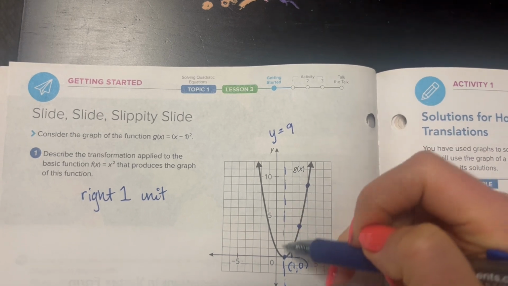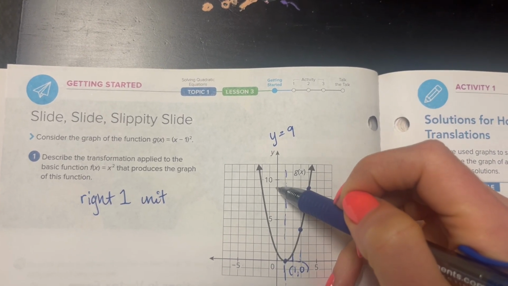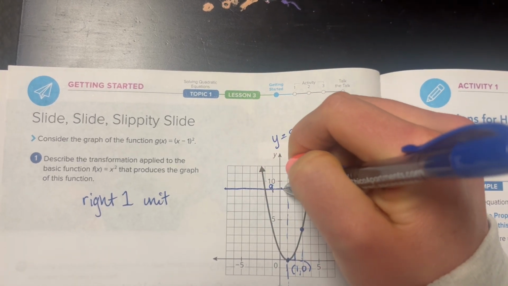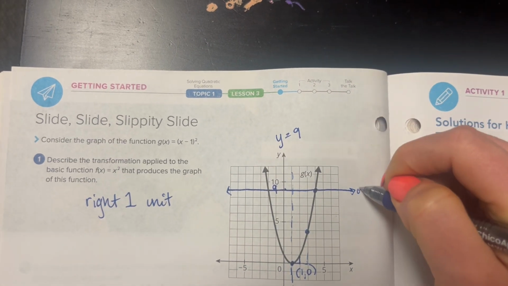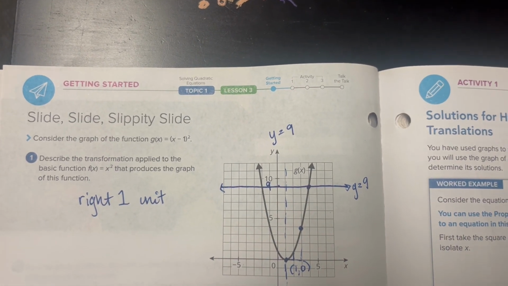It's a line, and because y is up and down, we go up to 9. This entire horizontal line is the line y equals 9. If you plug y equals 9 into Desmos, it'll give you a colorful line right here.